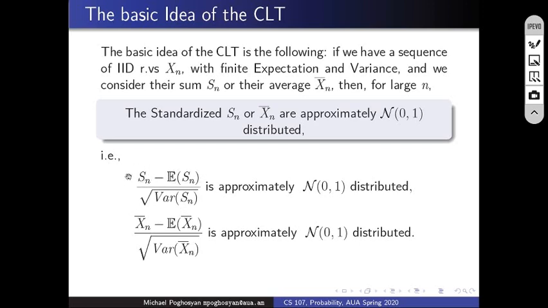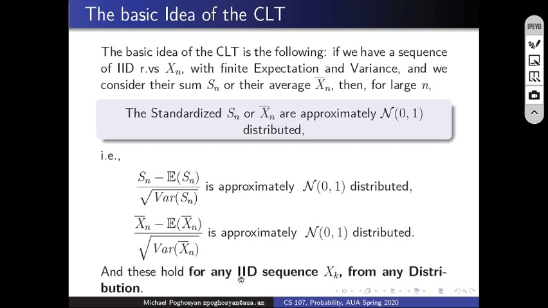So we are standardizing Sn, and we obtain this random variable. This is approximately normal 0, 1 distributed. So for large n, this is almost normal 0, 1 distributed. The shape will be close to that normal. Similarly, if we standardize Xn bar, so Xn bar minus its mean over the standard deviation of Xn bar, this is approximately normal 0, 1 distributed. This is the meaning, the idea of the CLT.